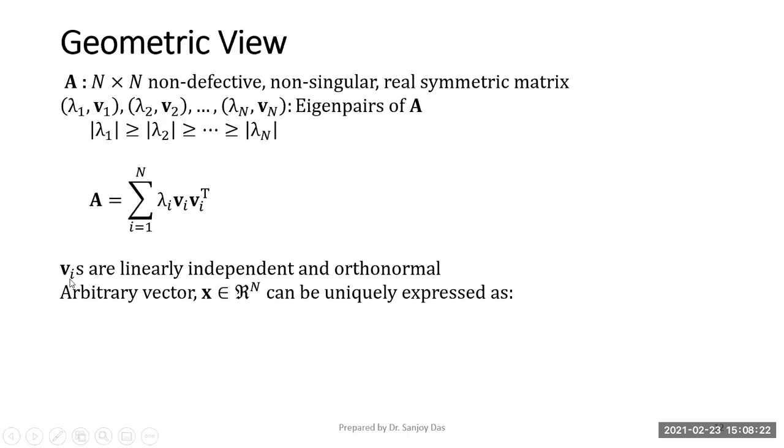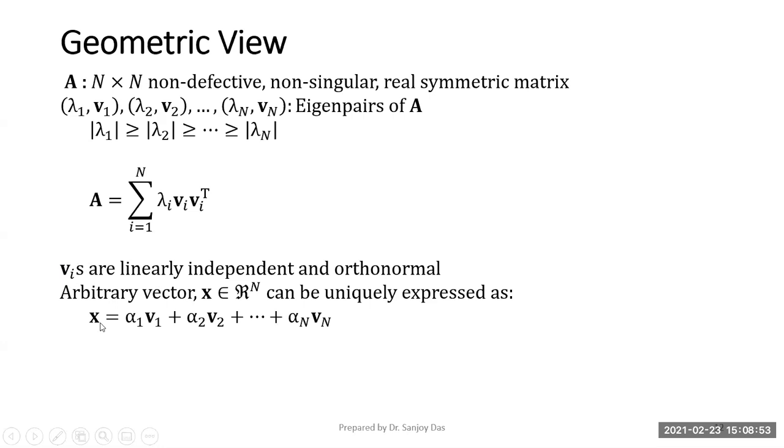Each vi is a unit vector, and all the eigenvectors are mutually orthogonal to one another, right? So they can act as an n-dimensional coordinate system. In other words, any vector x in n dimensions can be represented uniquely as a linear combination of these vi's.